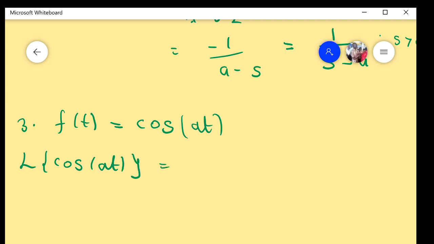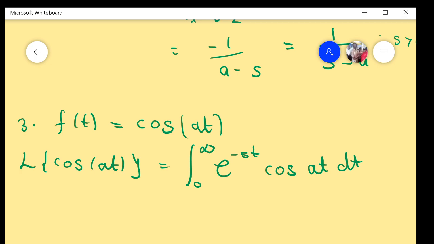Okay, so let's write it. The improper integral 0 to infinity e exponent minus st cos at dt. Okay, so with this Laplace transform, you will need your integration so much, so I urge you all to do a revision on your integration if you are still not getting the concepts.